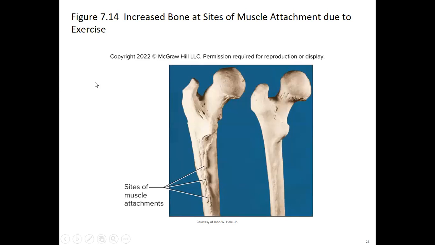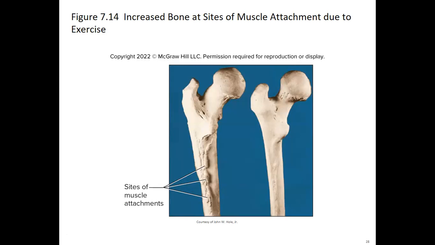This is an image that should help you understand this process of ossification. So when we talk in lab, especially, but when we also talked about bone development, we talked about the projections, the dips and the holes inside of bones.